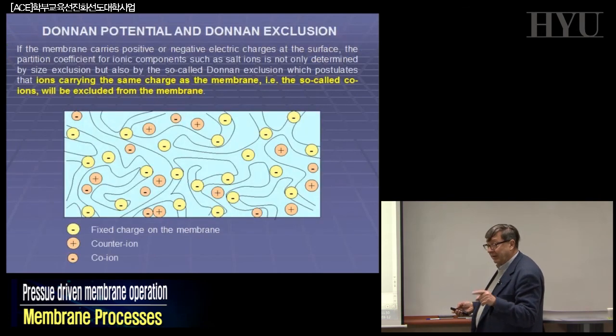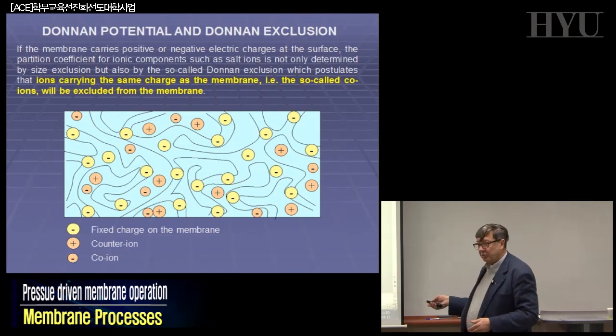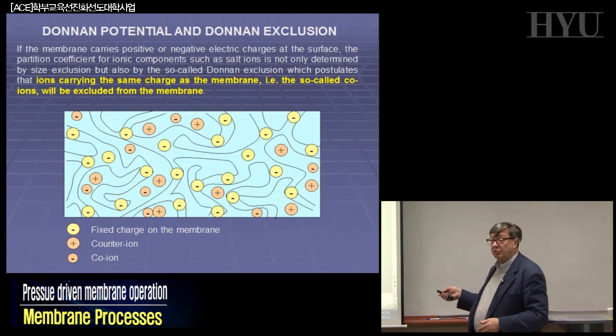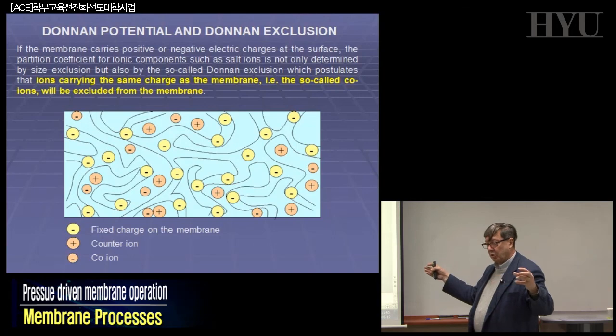In doing this, however, I mentioned that at the surface we can have a charge. So we can have polymers like this one. These are what we call polyelectrolytes. They are at the origin of our life, by the way, because we have in our body a lot of this kind of situation and a lot of this Donnan exclusion. It means that if you have a system like this one, where some of the charges in the system are fixed in the network of your polymer, some others are mobile.